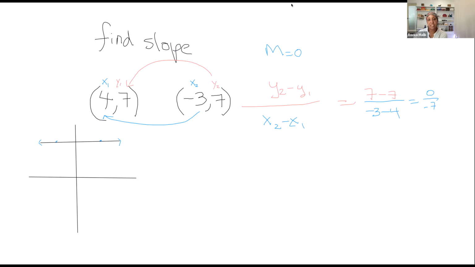And let's say we had these points. What would my slope be for these points?